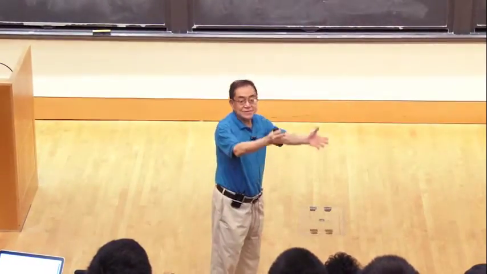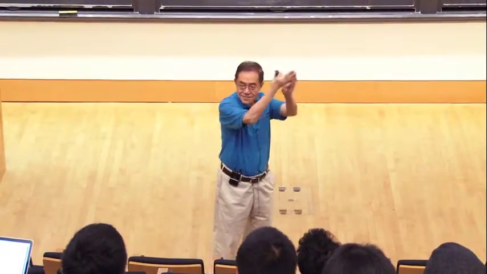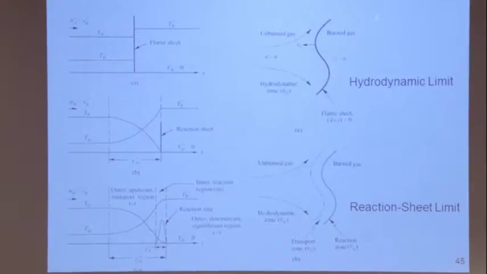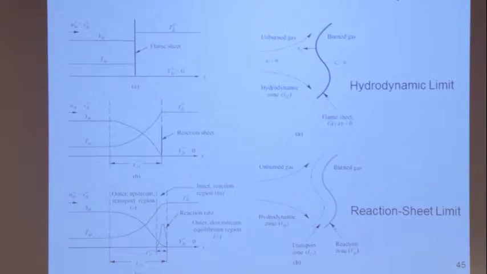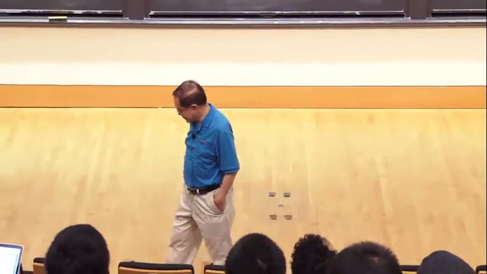You can do it for your turbulent flame simulation, the whole flame. I don't look into the flame structure. So everything is fluid mechanics, the Navier-Stokes equations, no reaction. Now, the flame sheet itself can be a source of heat and mass. Things can jump. But nevertheless, it's a flame sheet.